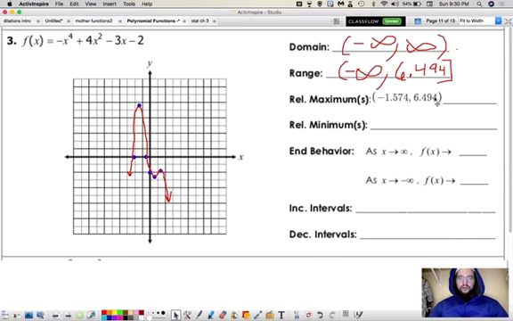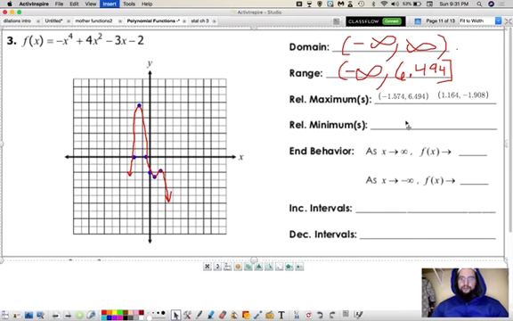That's one. That's this one right here. That's this one right here. It's another small one. And this one right here.